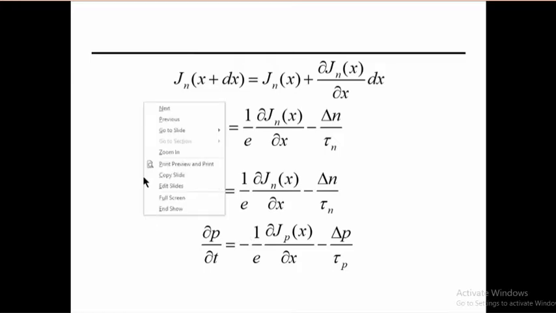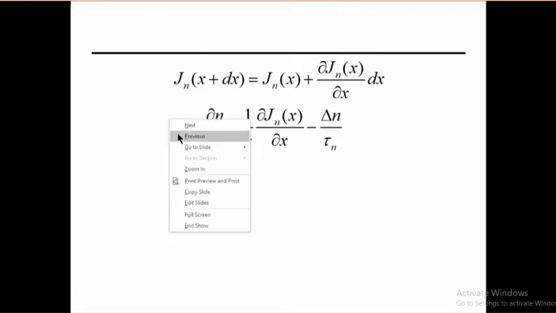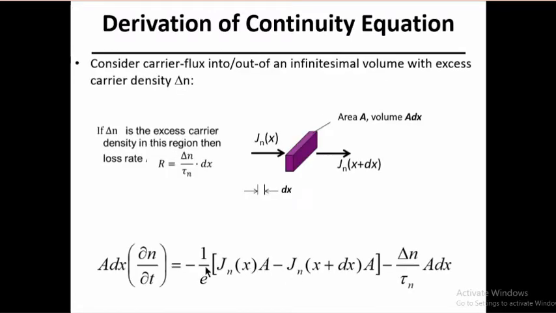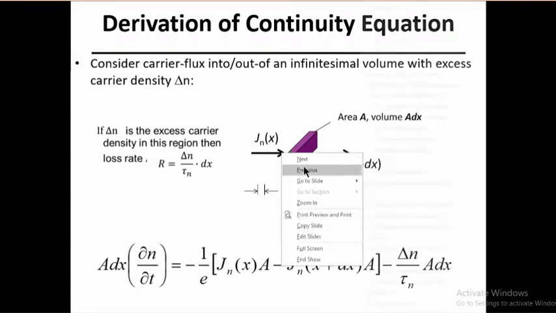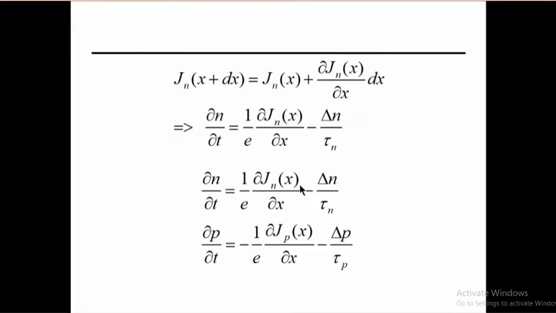If I show you back, in here we have this minus sign for the n, so for the p we will not have this minus sign, and that's why we will end up with only one minus, which is the minus sign here.